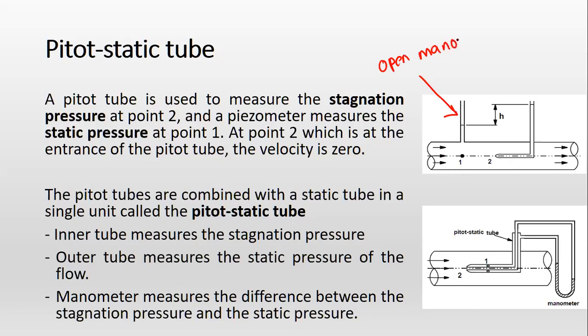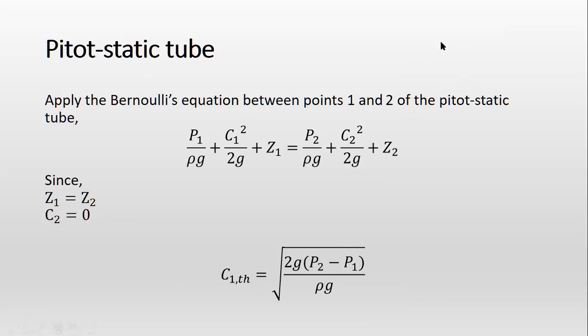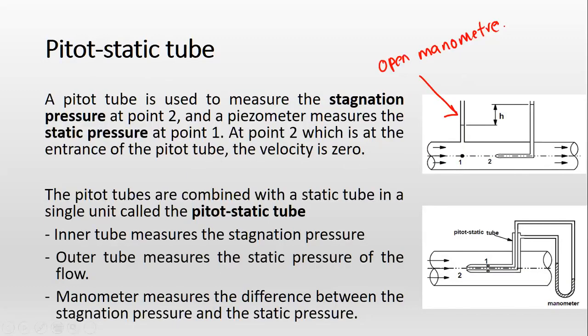This open manometer will give us a reading, but this reading only indicates the static pressure. Whereas this L-shaped thing is actually a pitot tube. This thing here measures the stagnation pressure.